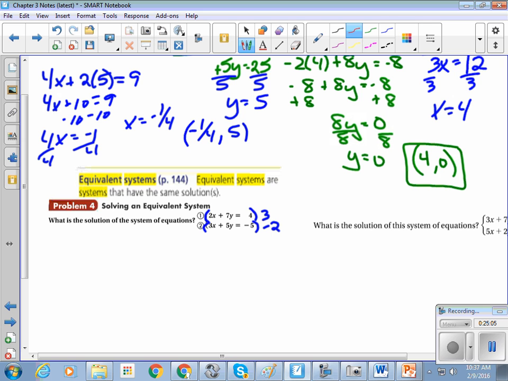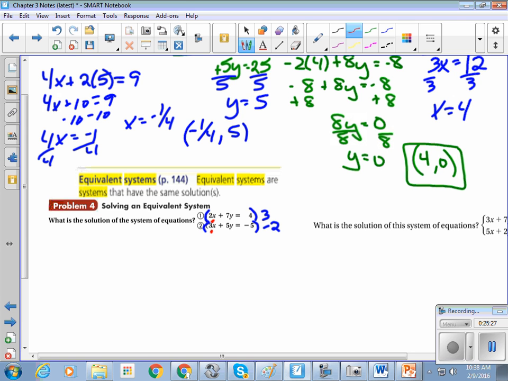Okay, so I picked a multiplier. I picked 3 to my top equation because I had a 3x. And I picked 2 because I had a 2x. I put negative because one of them has to be negative in order to eliminate.